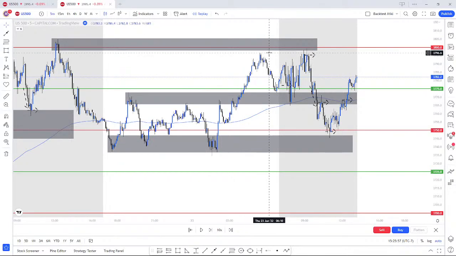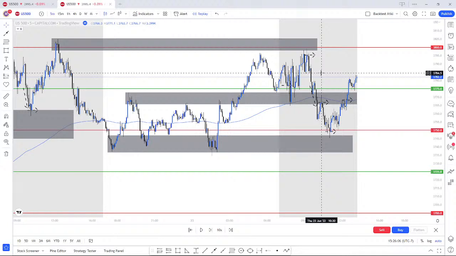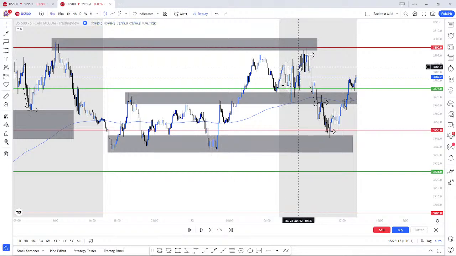This one was probably just rejecting because of this, right? Should I? I don't know. I don't think I should have taken this trade. But yeah, okay. So next, go to the next thing.